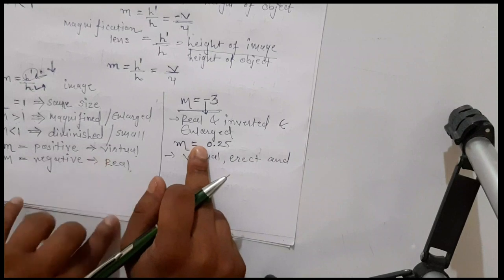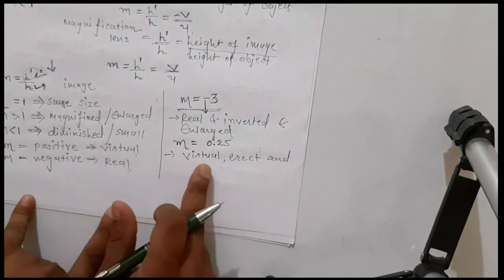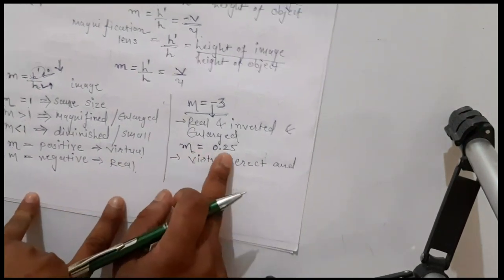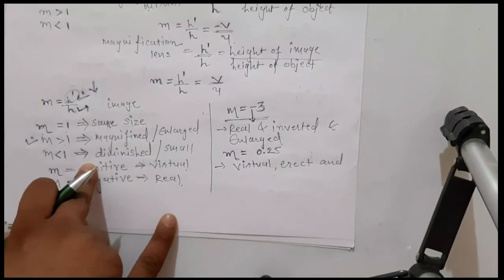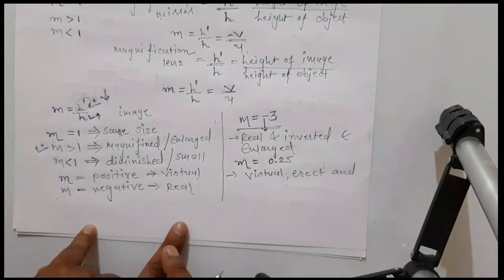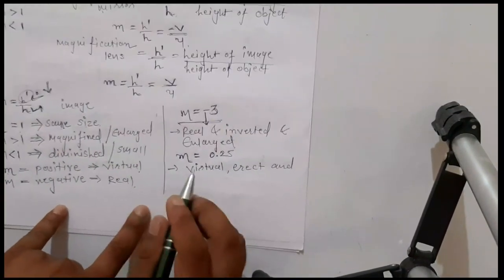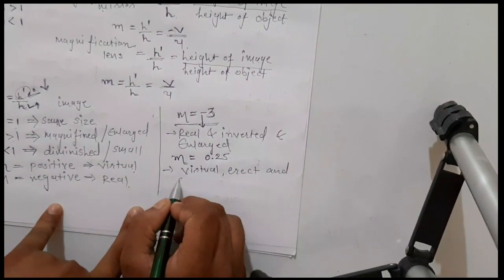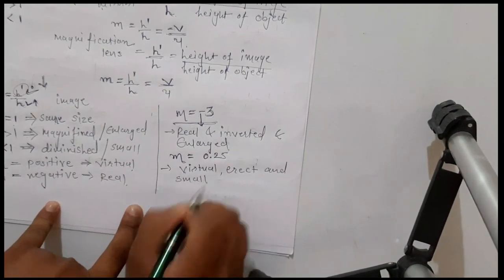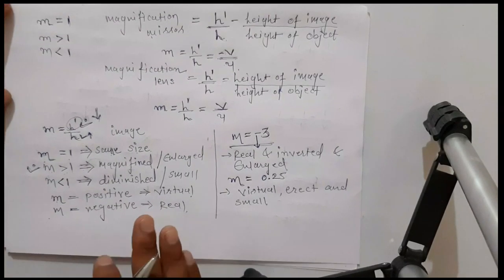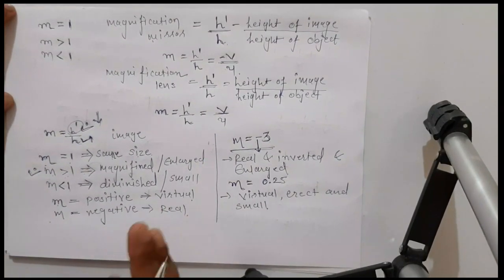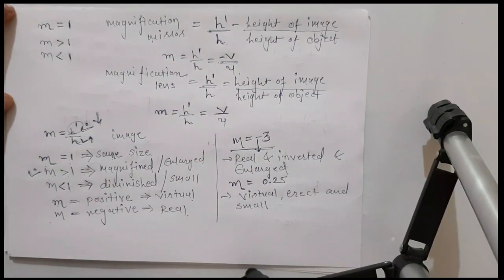And 0.25 is less than 1, so our image will be small. So when we are calculating sums, we have to see which type of image is formed. Let's calculate one sum according to that.